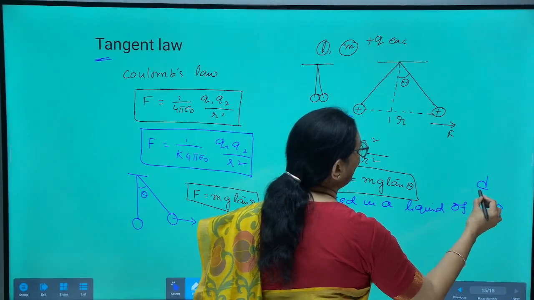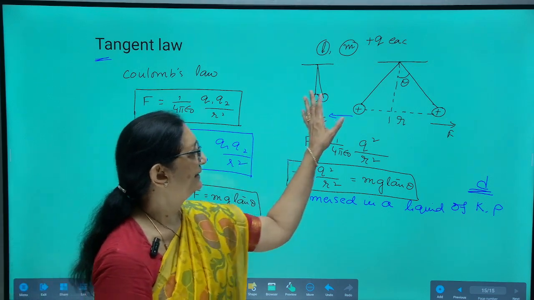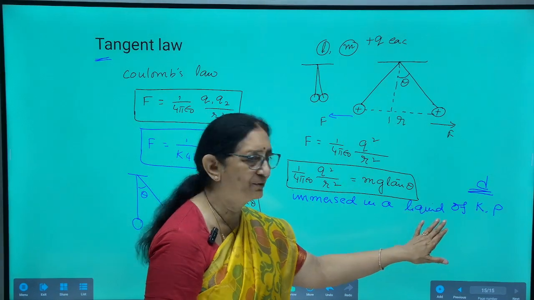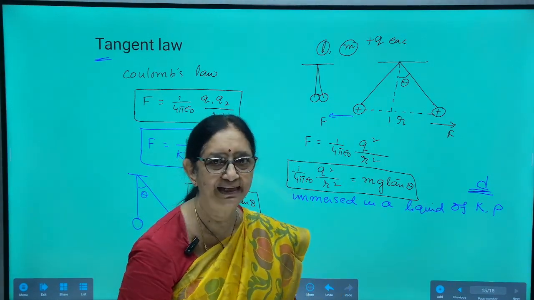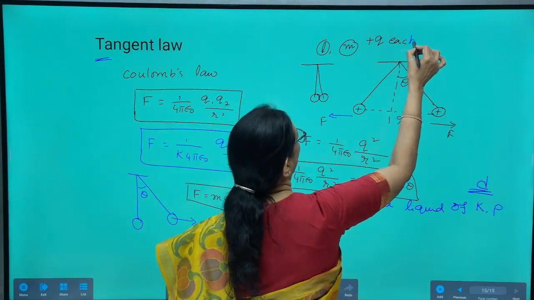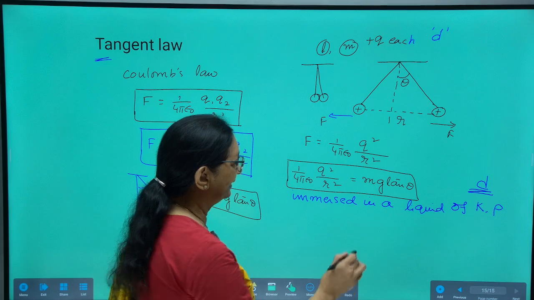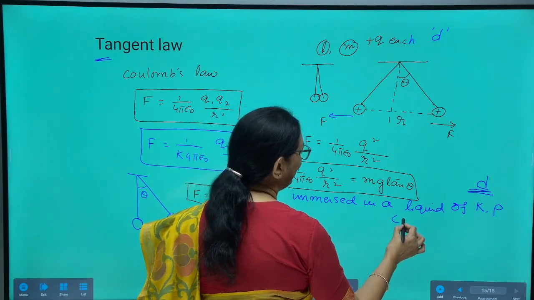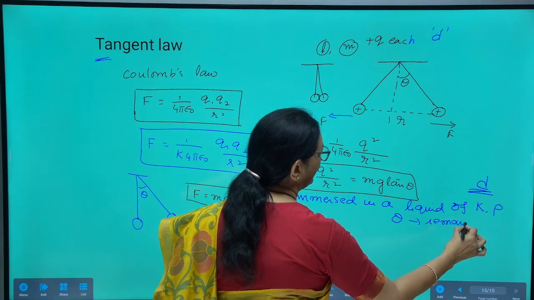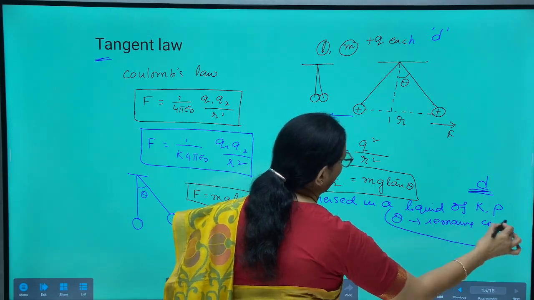Let D be the density of the bob. I am telling you once again, the entire arrangement is completely immersed in a liquid of dielectric constant K, density rho. Let the density of each bob be equal to D. The condition given is that theta remains constant.